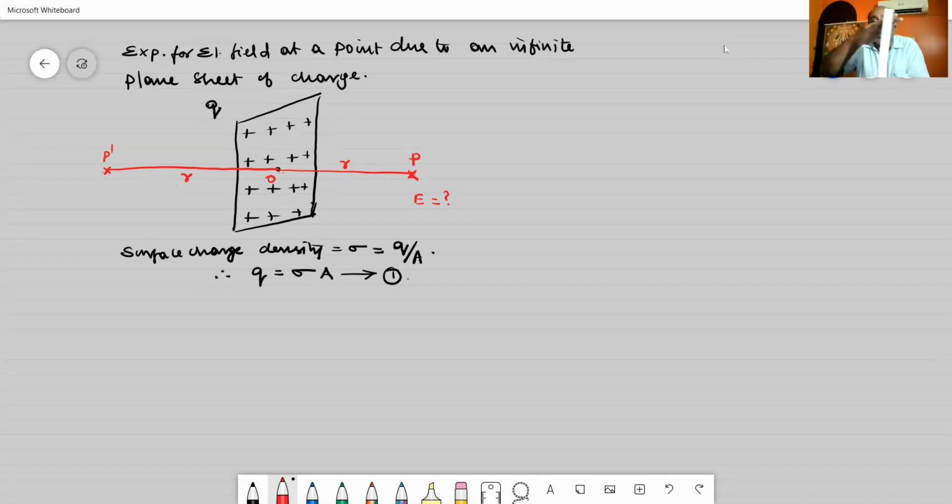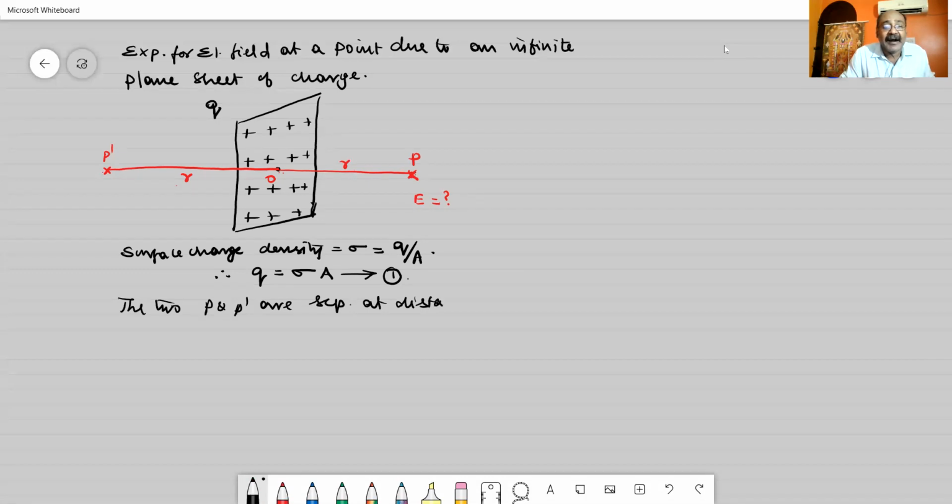So from this, the electric field at the point P on one side is equal to the electric field on the other side. The two points are considered symmetrical since they have the same electric field. The two points P and P dash are separated by a distance of 2r.